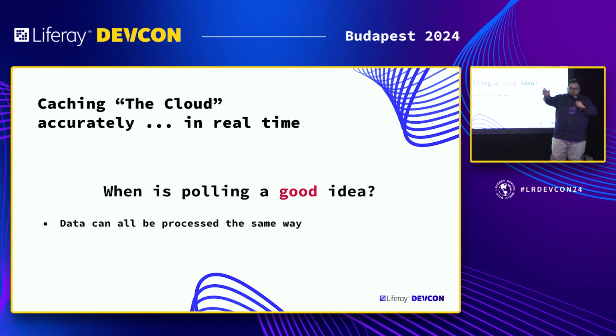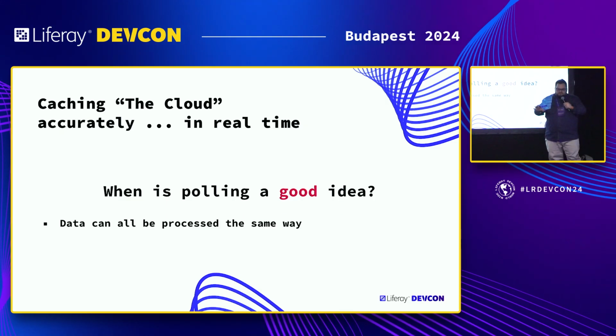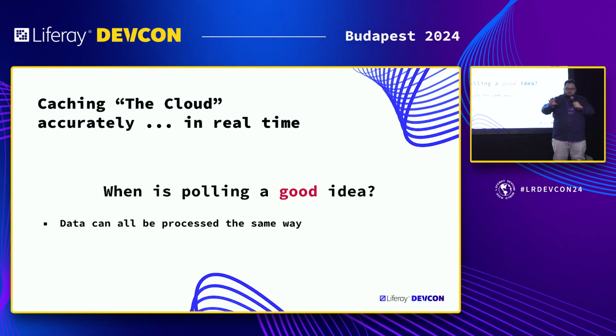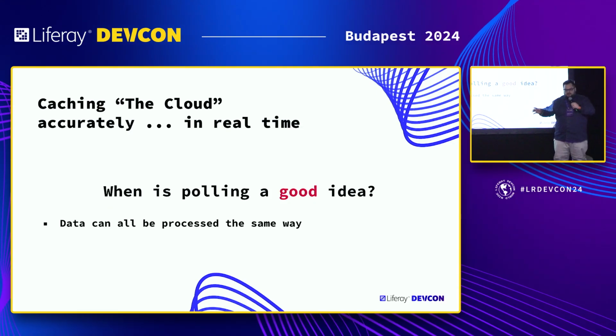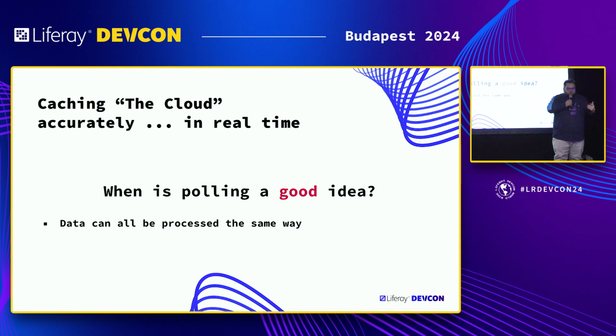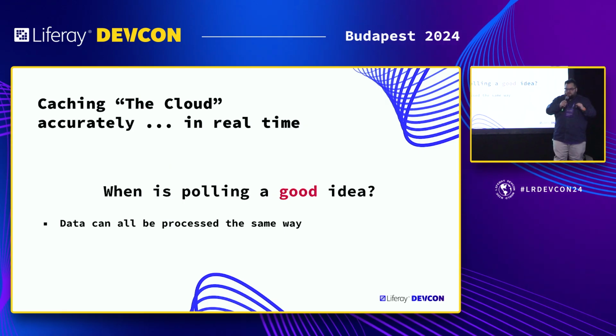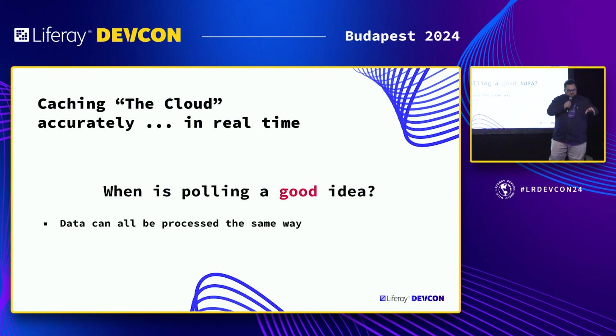There are some patterns that, if you identify them in your problem, you can then safely use polling. The first one is that data can be processed all in the same way. What does that mean? You have different types of data, different shapes of data.